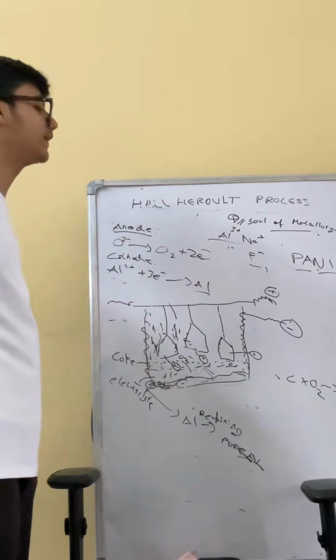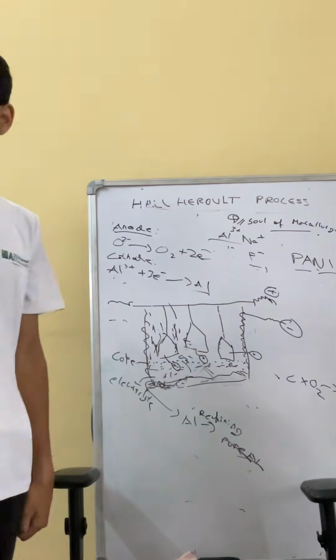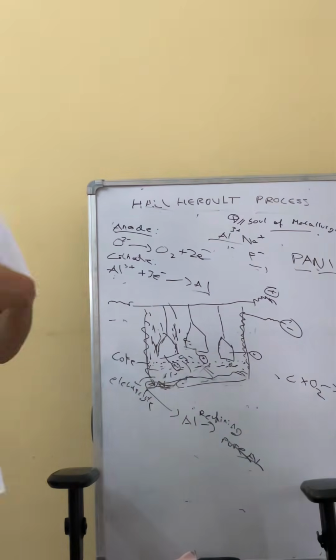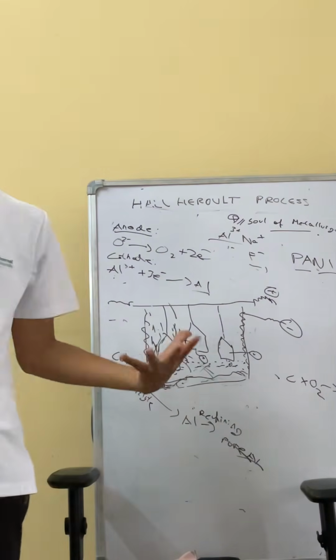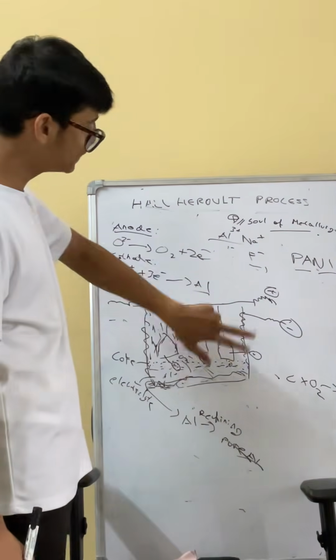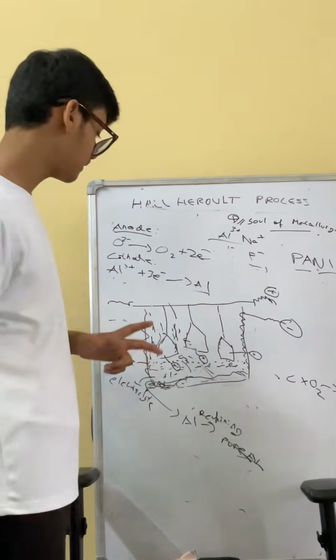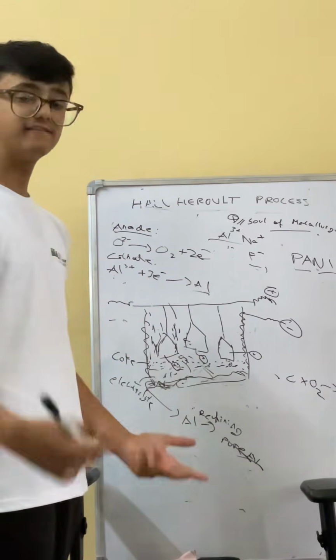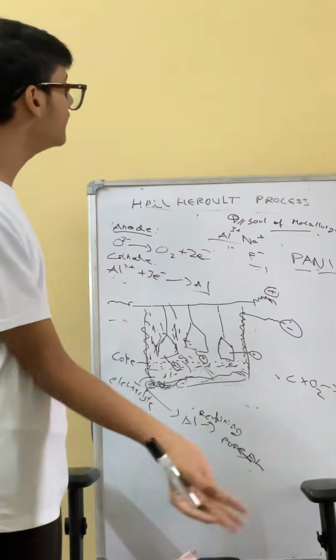Let's go. We got our metal. Congratulations. I hope you guys got the whole point. And the powdered coke also prevents heat loss, because this is probably not closed. So it prevents heat loss, eventually saving cost. So you are getting it.